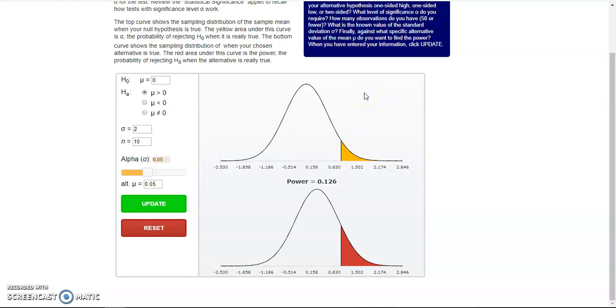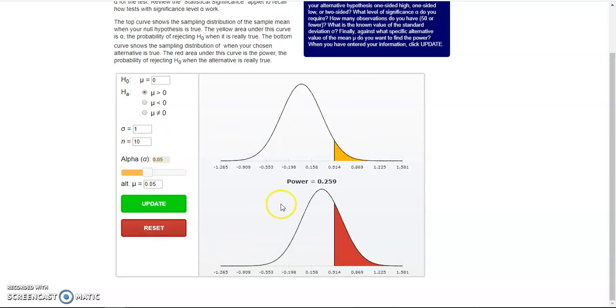So if you increase sigma, then you're going to decrease power. If things are more spread out, because there's more variability, it's more likely that you're going to get an extreme test statistic just due to chance.